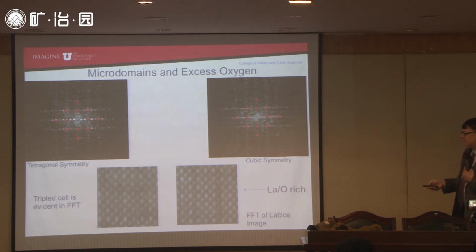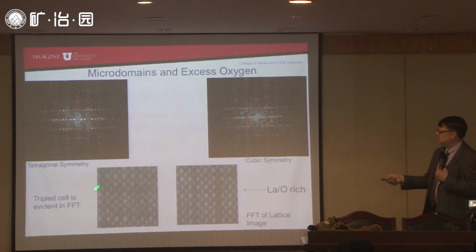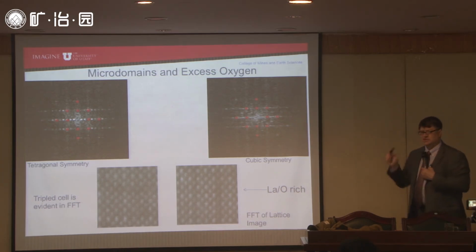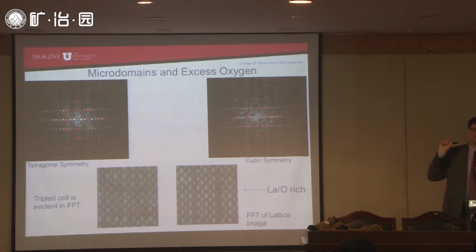If we then do a fast Fourier transform on each of these regions, we get a diffraction pattern. The regions that are rich in lanthanum give you a cubic type pattern, as you'd expect. The regions that are richer in calcium also give you this cubic pattern, but you also get these extra satellite points that are associated with tetragonal symmetry.